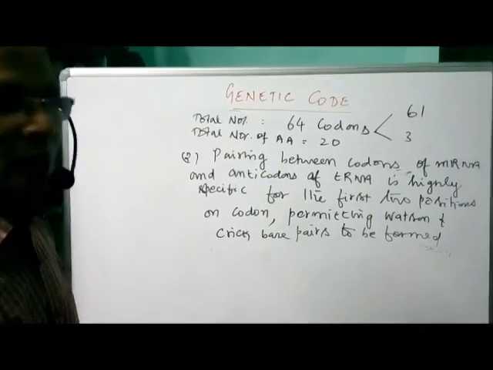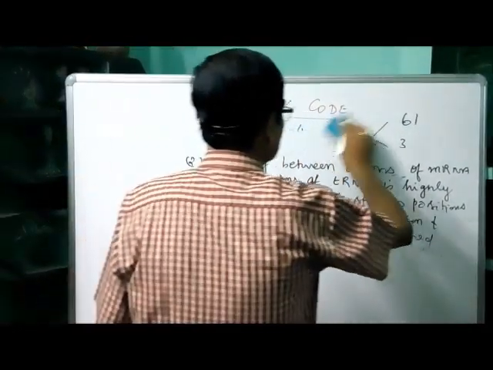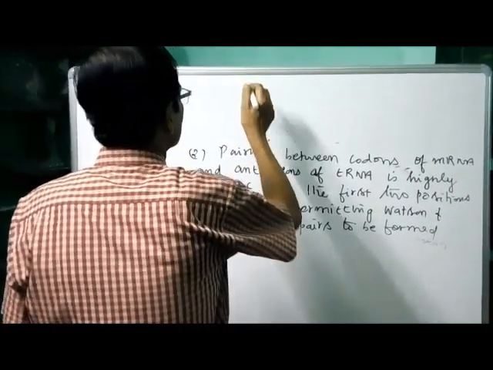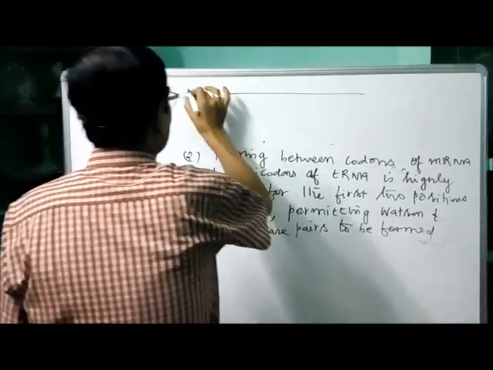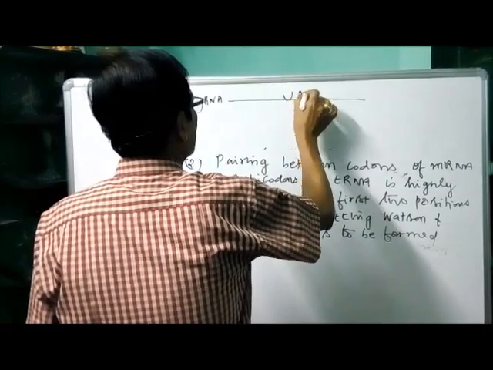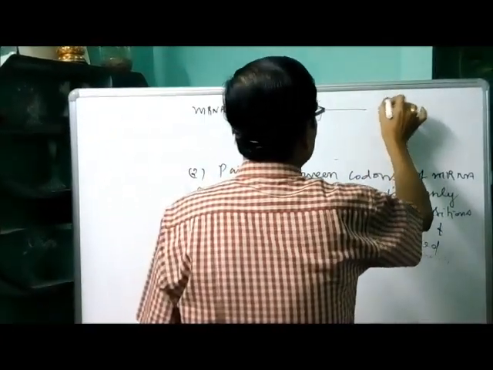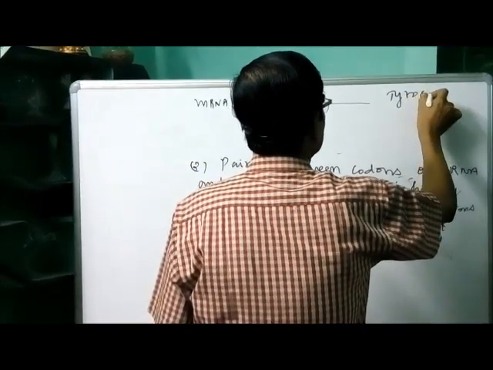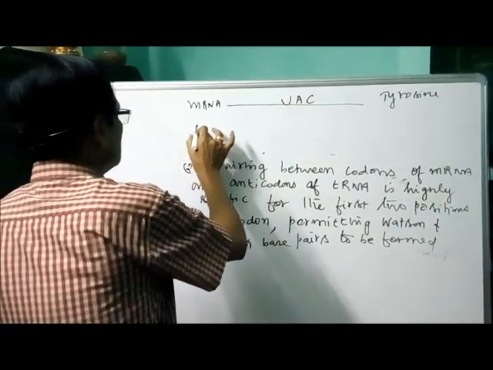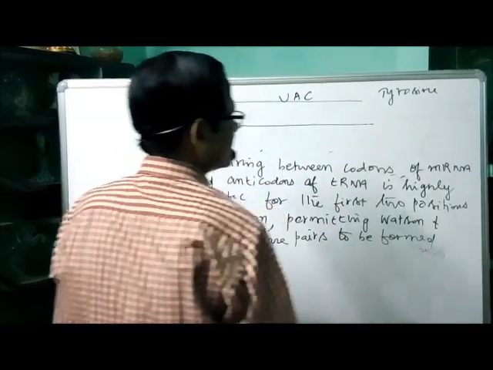What is the meaning of that? Suppose I am taking a strand of mRNA with some codons. So this is mRNA having one codon UAC, and this is for amino acid tyrosine. To read this message, if you are taking the tRNA, it has a set of 3 nucleotides.